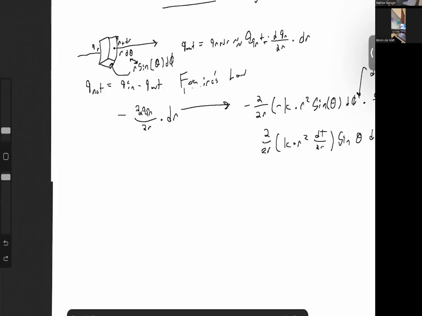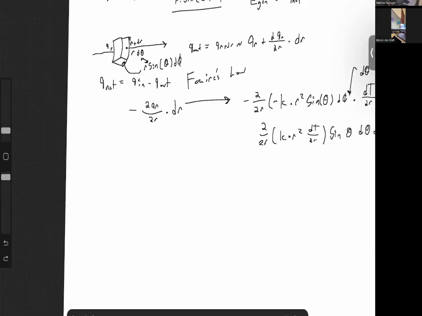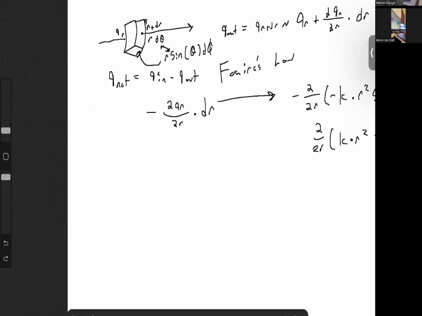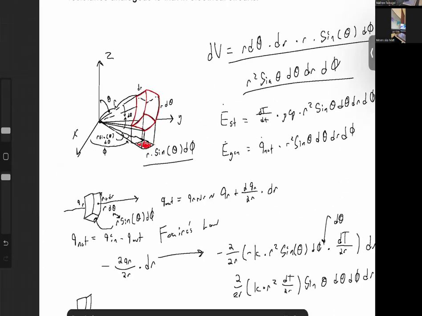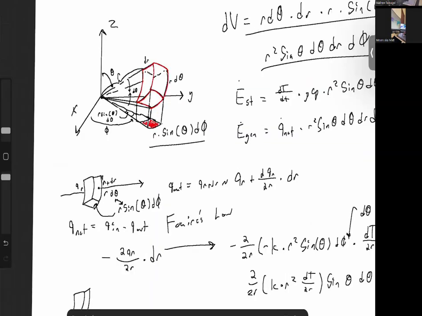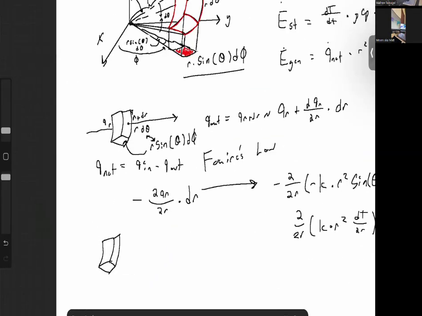So now we're going to go ahead and look at it from the theta direction. So again, I'm just going to keep drawing this. It makes doing the area for this a little easier, even if it's not super pretty. So we're going to theta now. And theta in this case is coming in from the top and leaving the bottom.